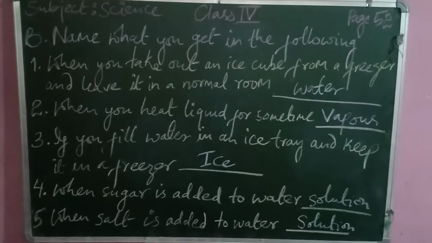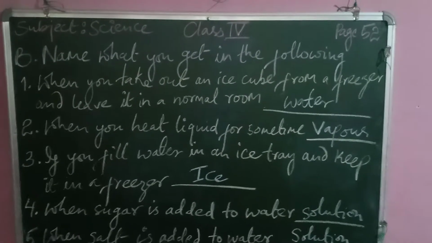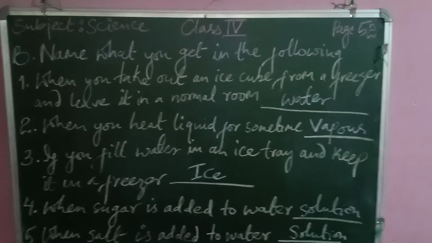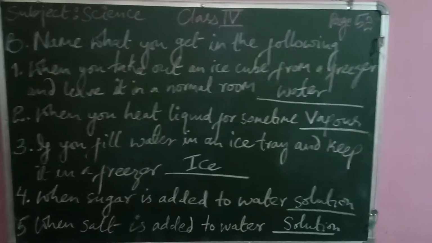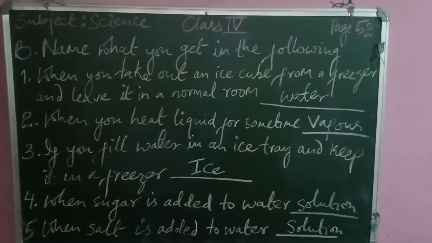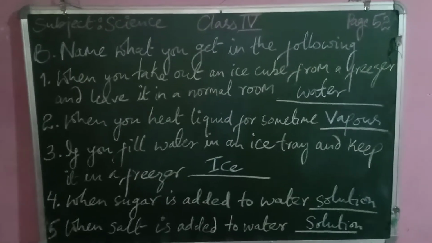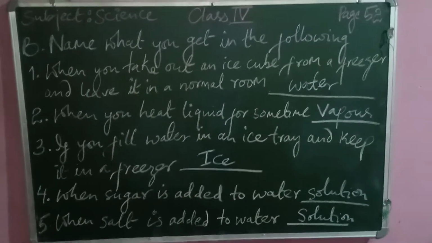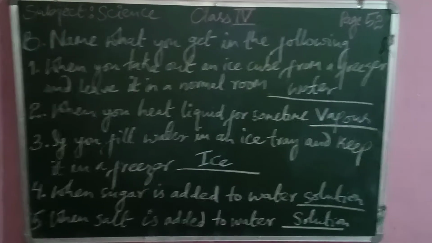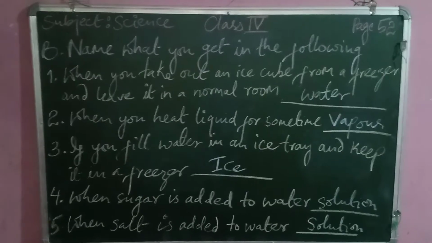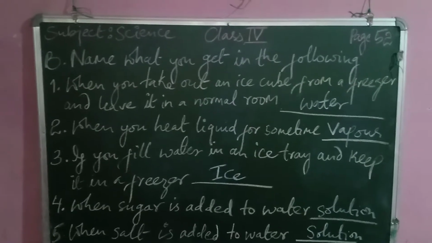And question 2, when you heat liquid for some time, it turns into vapor. You have to write vapor. And question 3, if you fill water in an ice tray and keep it in a freezer, as we are aware, it becomes ice, or you can say ice cube.